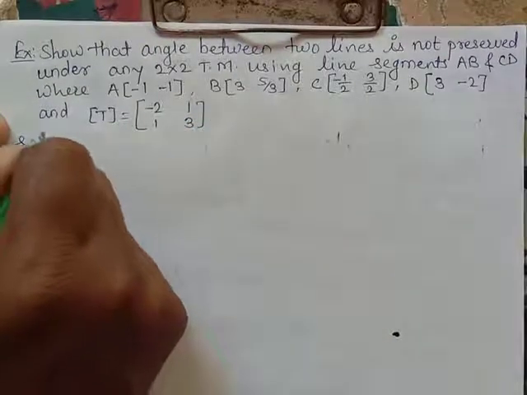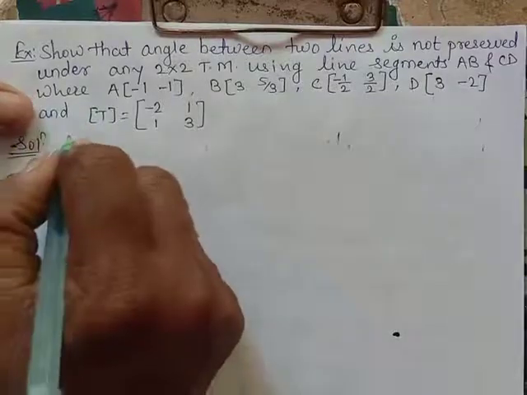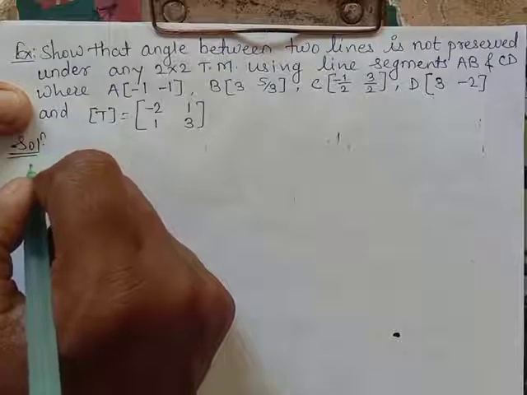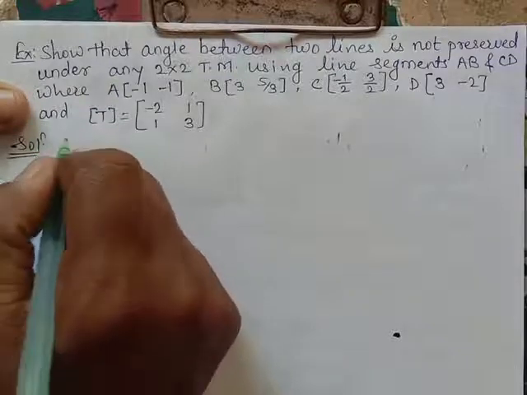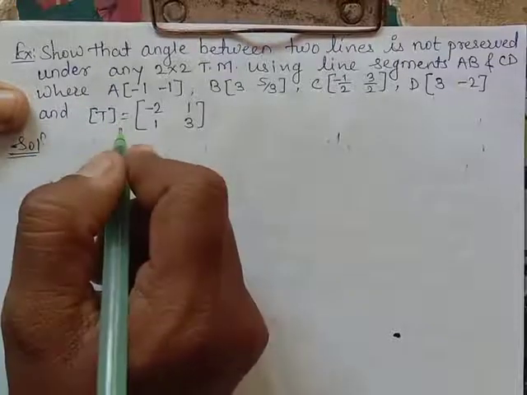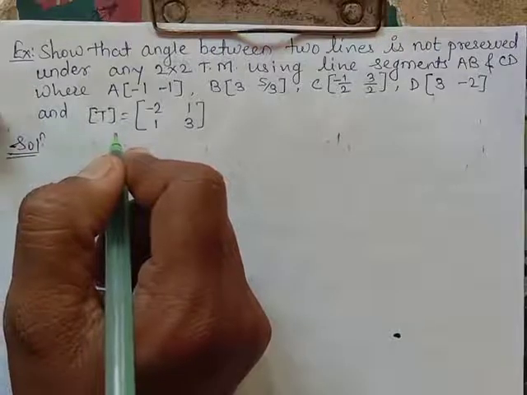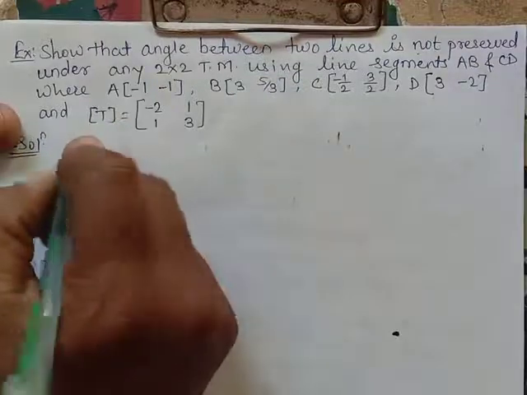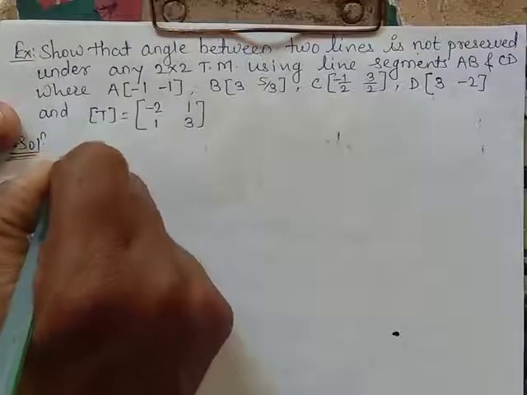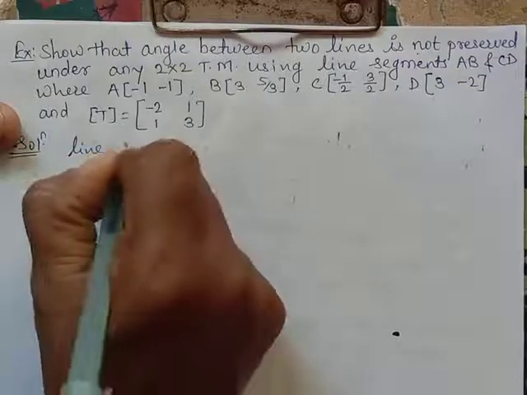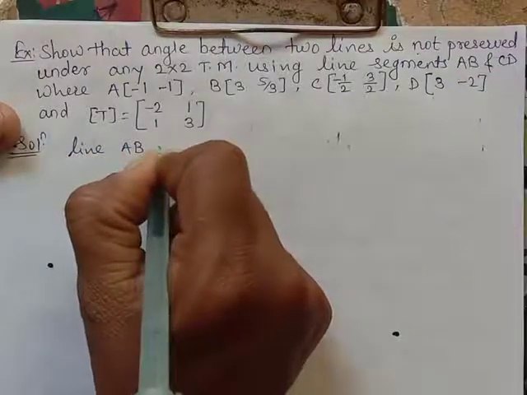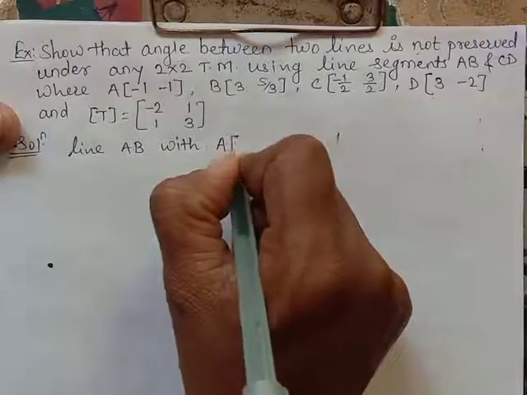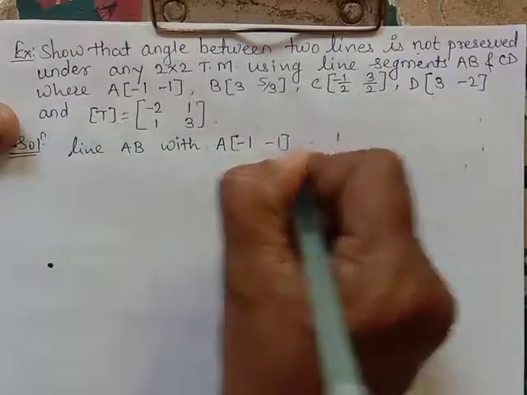Solution. Again, here we have to show the angle between two lines, original two lines, and the angle between transformed lines are not same. It's not preserved, right? So let's find out. Line AB with A is what? -1, -1.